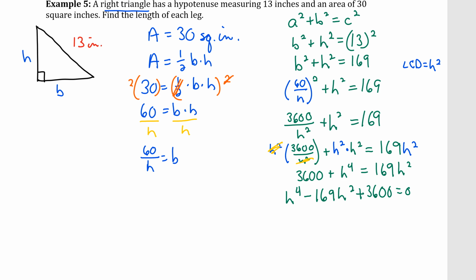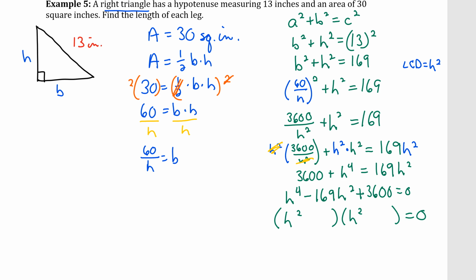Now we have an h squared in there. Don't panic, okay? Factor out your equation just like you would if you had h squared minus an h, okay? The only difference is this middle term is what goes right here. Instead of just an x or a y, we actually have h squared.